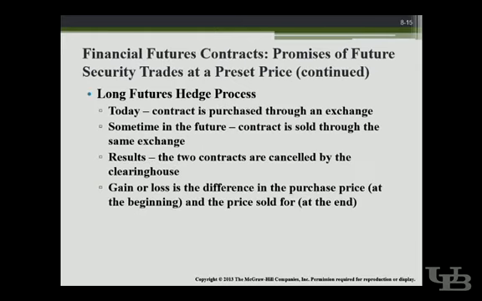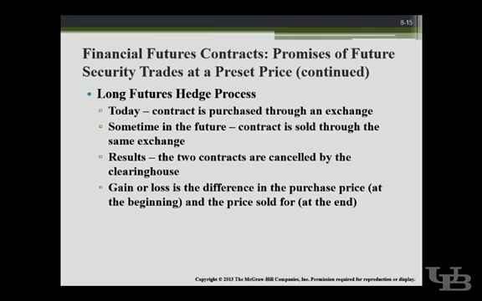What is a long hedge? A long hedge is just the opposite. It is associated with an expected drop in interest rates, not a rise, but a drop. Short futures are with rising rates, long futures with falling rates. Today, because rates are high and they are expected to fall, the securities values are lower.